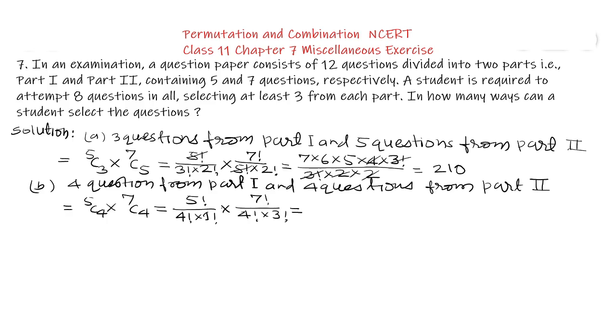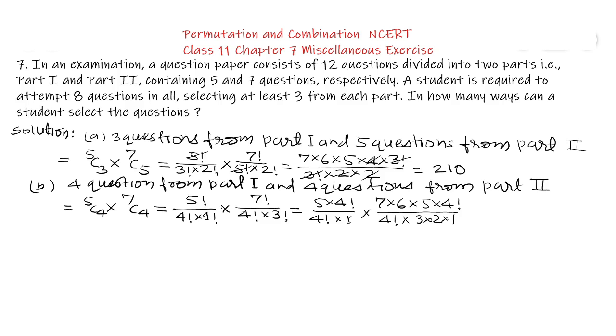This is equal to 5 factorial can be written as 5 into 4 factorial upon 4 factorial into 1 factorial is 1, multiplied by 7 factorial can be written as 7 multiplied by 6 multiplied by 5 multiplied by 4 factorial upon 4 factorial, and 3 factorial can be written as 3 into 2 into 1.